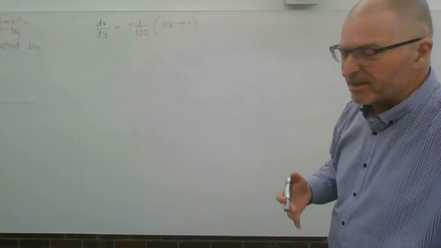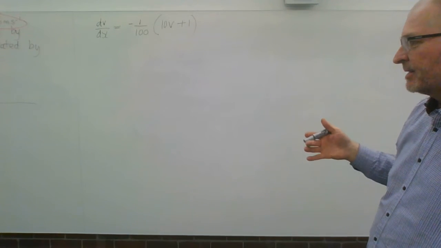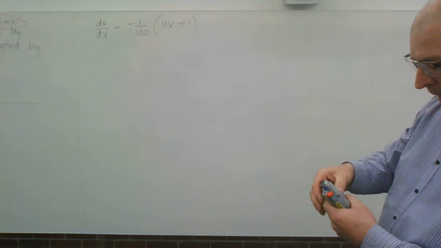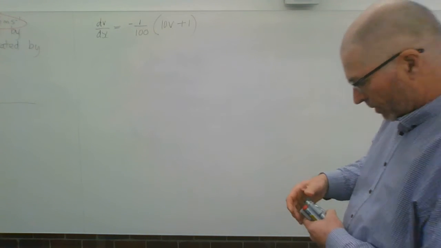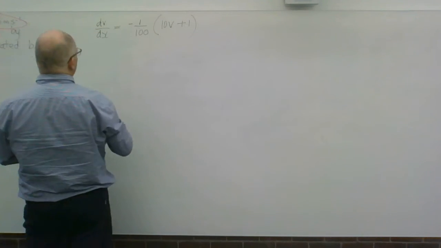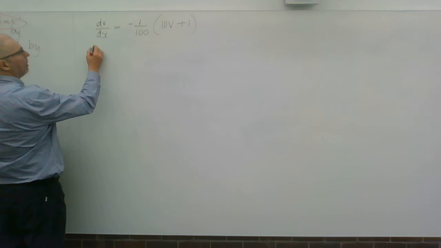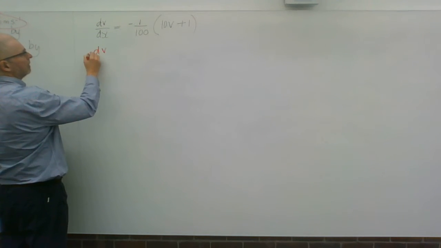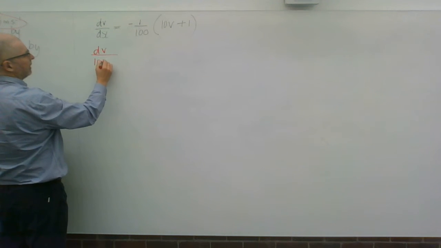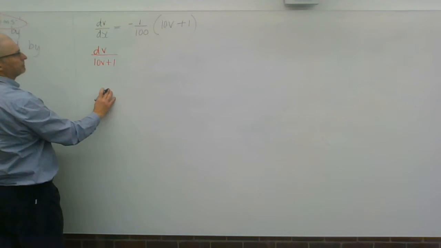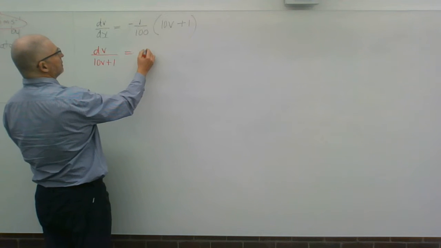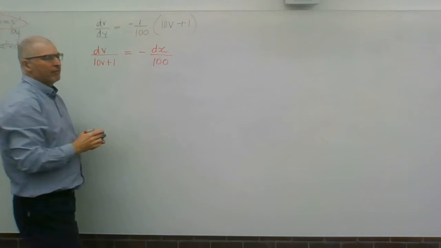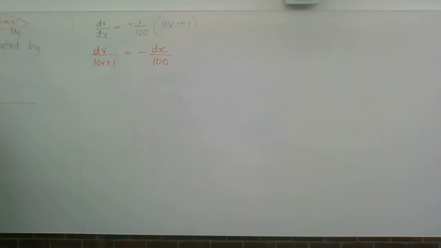I just factorised it out and made it look a bit easier. Now I'm going to do an integral, but first I'll do a bit of rearranging. So I've got dv on 10v plus 1 equals minus dx on 100.